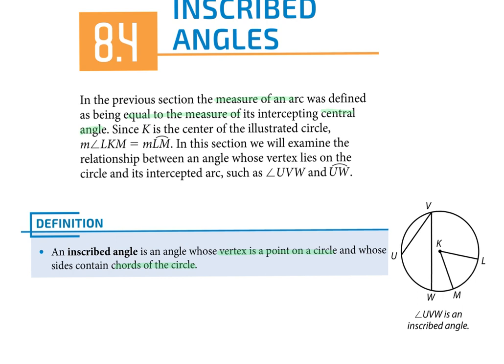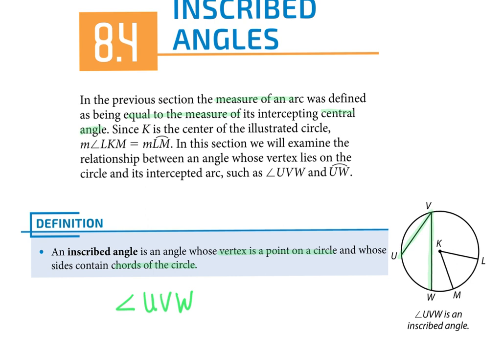So if you'll notice, V is the vertex of the angle, and it is on the circle. VU is a side, and it is a chord. VW is a side of the angle, and it is a chord. So the inscribed angle here is the angle UVW. That is an inscribed angle. Notice the difference between that and the central angle.